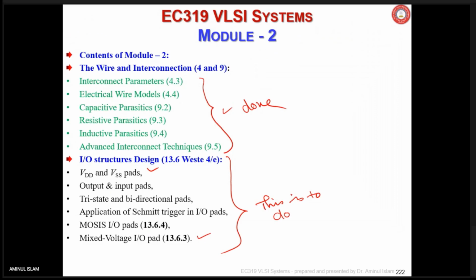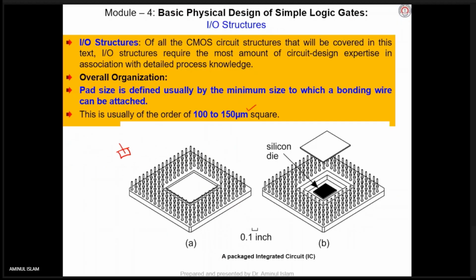Now we'll start these topics, because the interconnect related topics are over with the previous lectures and videos. Now we'll start I/O structures design and related topics. What are I/O structures?